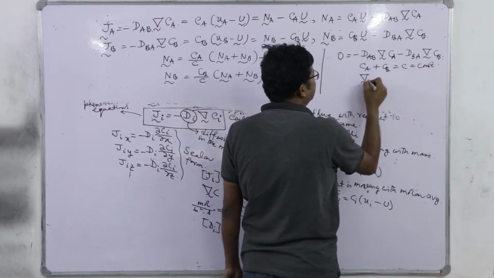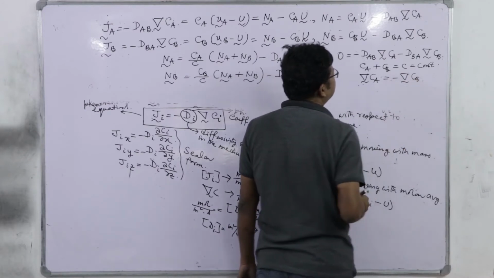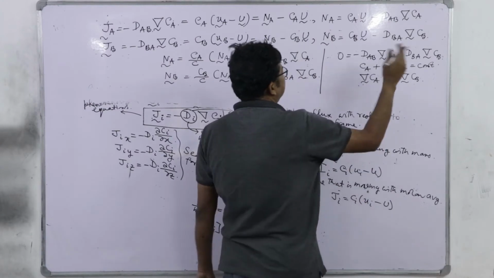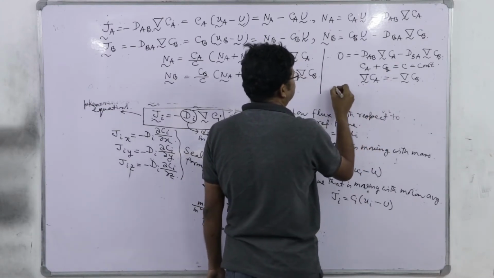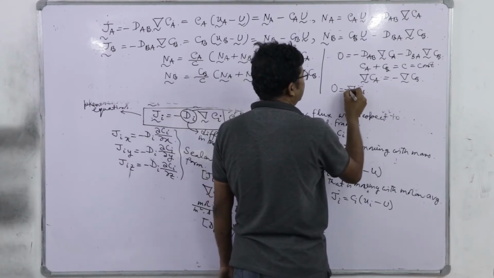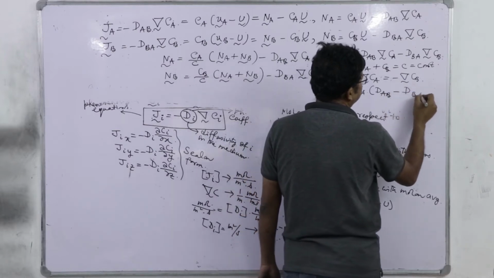So, grad of Ca is equal to minus of grad of Cb. So, if I take this grad of Ca out with a minus sign included, so dAB minus dBA.